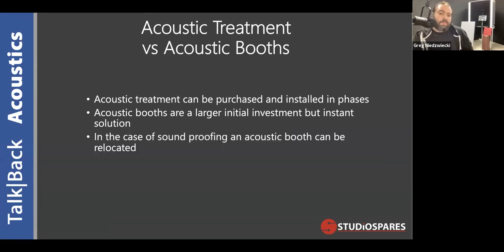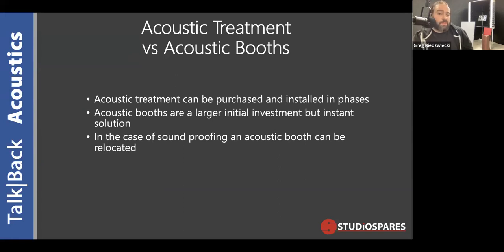The only thing I would say is in the case of a soundproofing booth, as we've seen, you need lots of layers of acoustic absorbent material. Typically, if you're building this yourself, you're going to need to channel out the walls, install all of this treatment, plasterboard over the walls. Once you've done that, if you ever had to relocate, chances are you're not going to be able to take it with you.